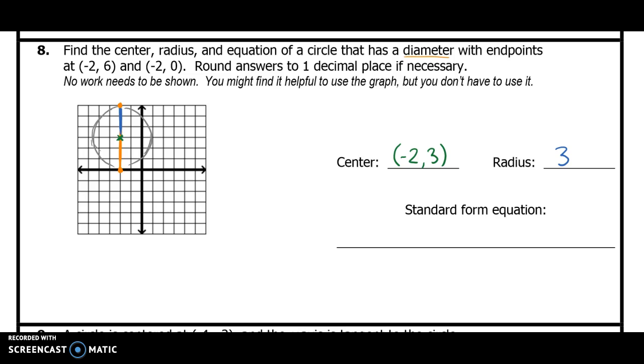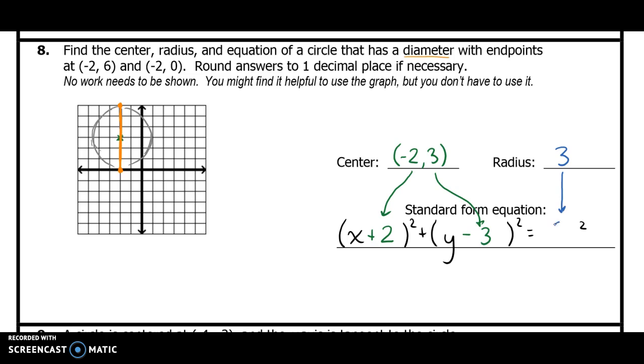And from there, the equation is ready to go. So I have a basic setup for the standard form equation of a circle with an x and a y, and the radius will go there. From my center, I see a -2 for the x, so I have an x plus 2 in my equation, +3 for the y, so a y minus 3 in my equation, and my radius was 3.